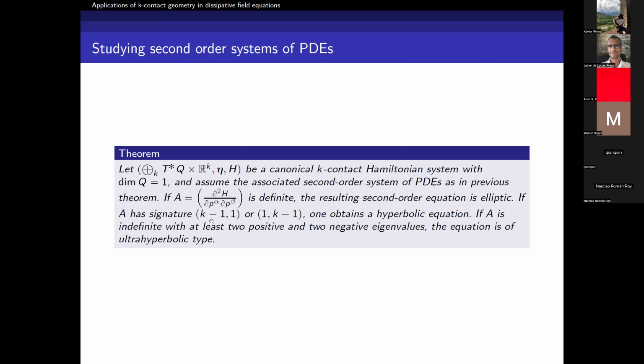If it has a signature (k-1, 1) or (1, k-1), then we obtain a hyperbolic equation. And if A is indefinite with at least 2 positive and 2 negative eigenvalues, then the equation is of the ultrahyperbolic type.